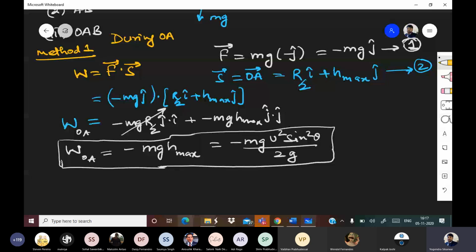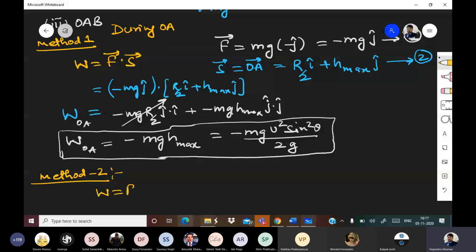Method 2 is simple. W is equal to Fs cos theta.